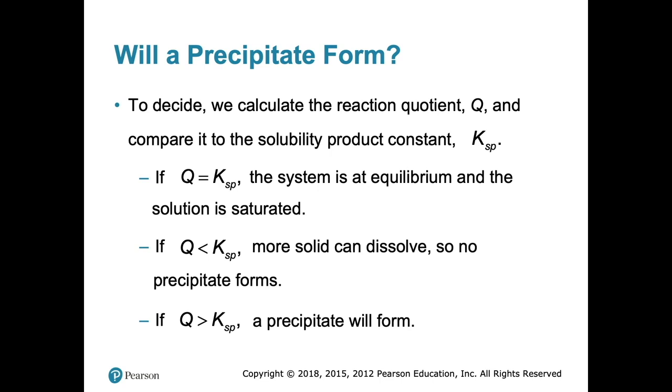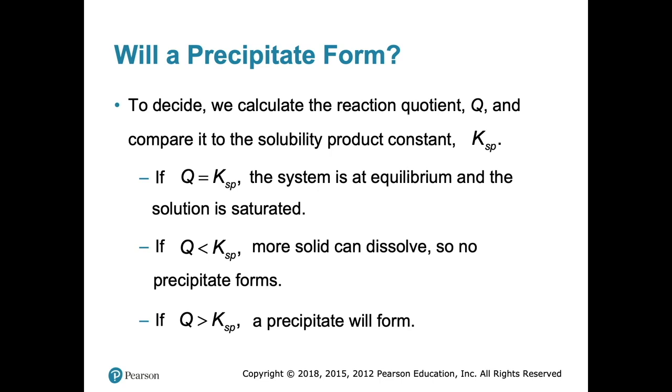But remember that the Keq expression is the concentrations of every component at equilibrium, whereas Q can be at any point in time. It doesn't have to be at equilibrium. That's how it is with chemical equilibria: it's always the products divided by the reactants, and that equals Q. But Q is at any point in time, not necessarily at equilibrium.